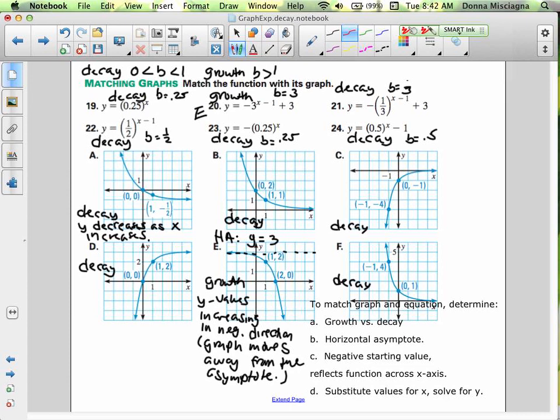Let's identify the horizontal asymptotes for each of the graphs now. So that was the easiest thing, is growth and decay. All right, so horizontal asymptote. What's the horizontal asymptote for 19? 0. Y equals 0. How about, we already did 20. How about 21?